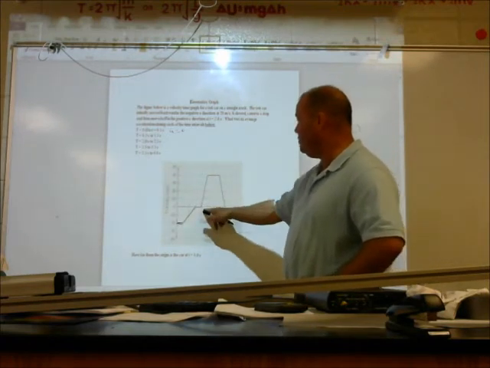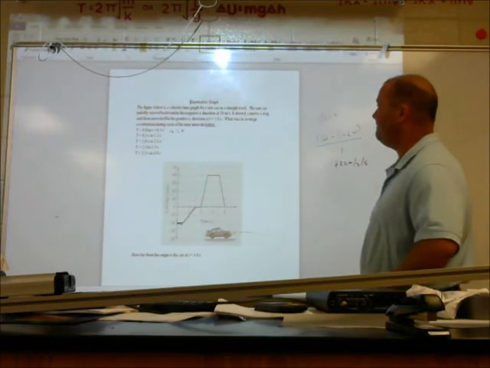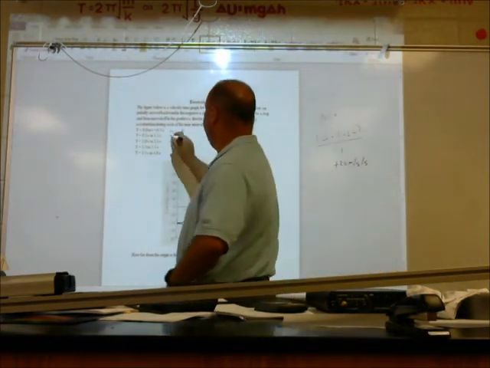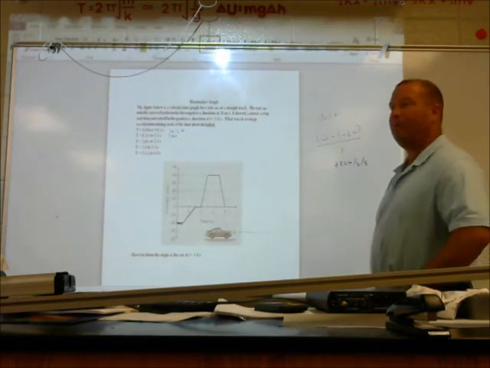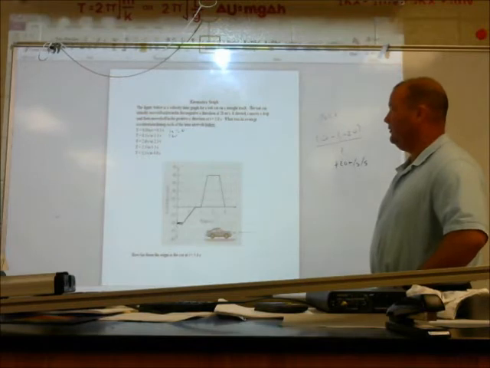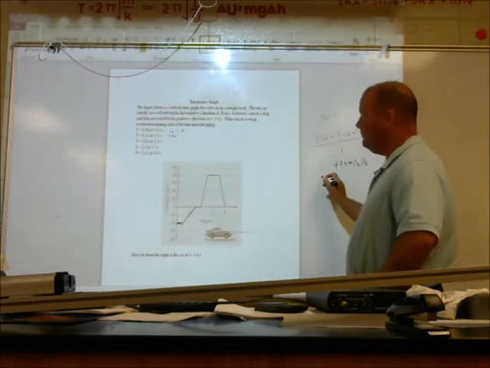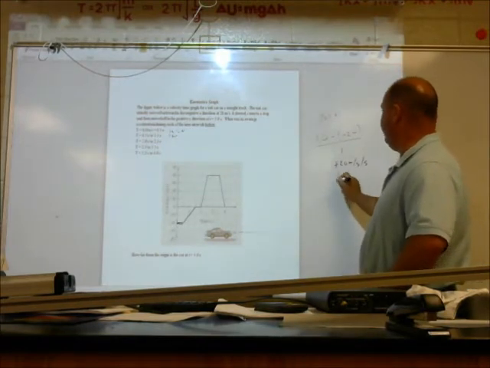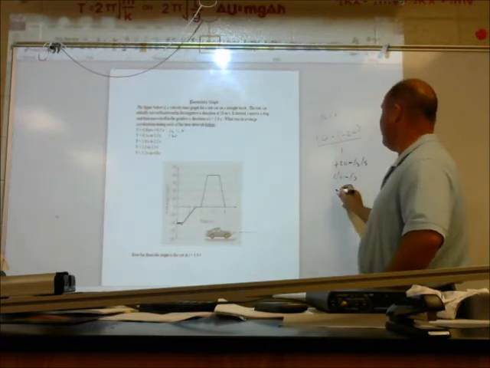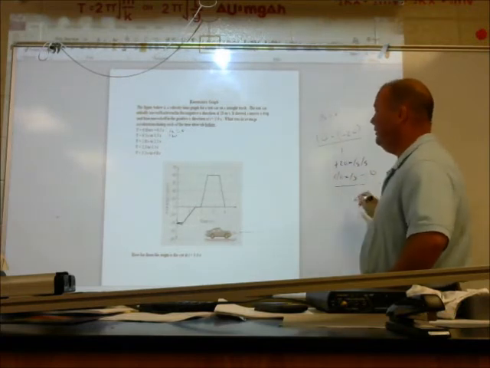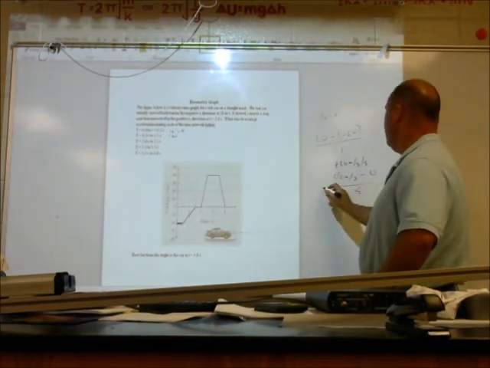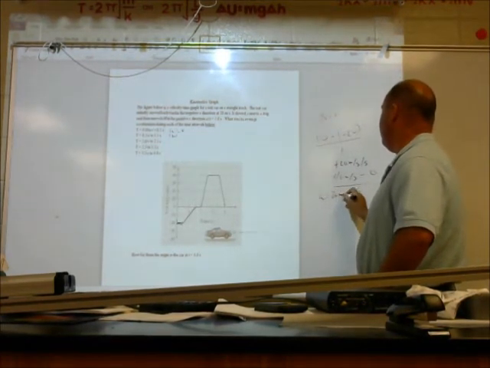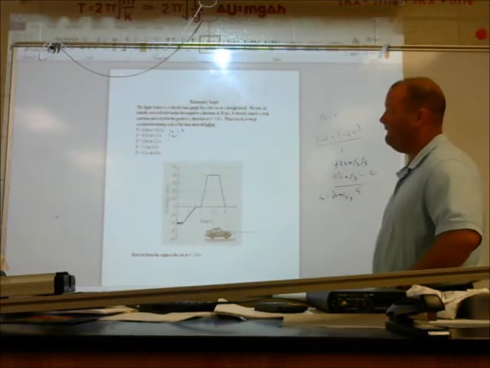What about from 2 to 2.5? How do I go about finding it? Slope of the graph. So it starts at 0, so it ends at 40 meters per second minus 0 over the time, which is 0.5 seconds, or a equals 80 meters per second per second.